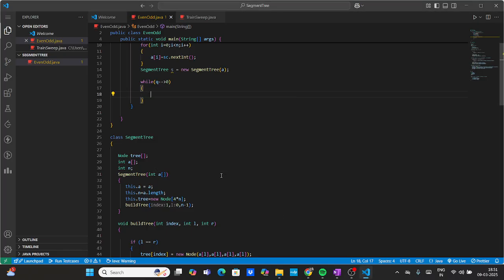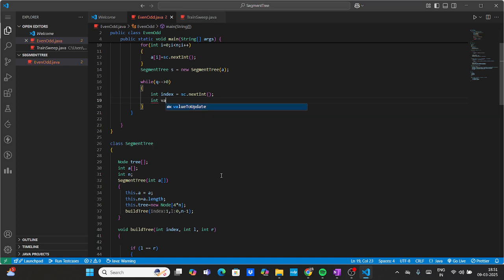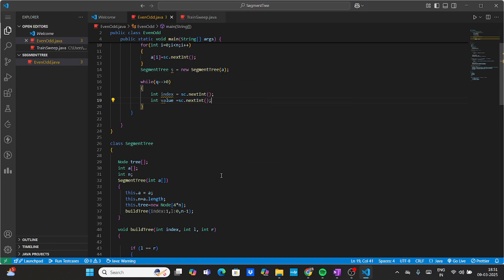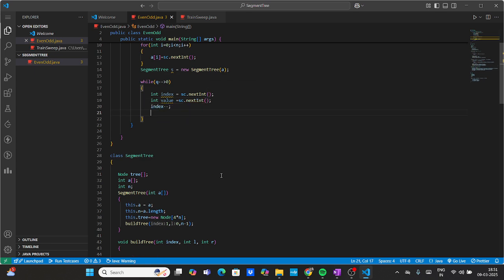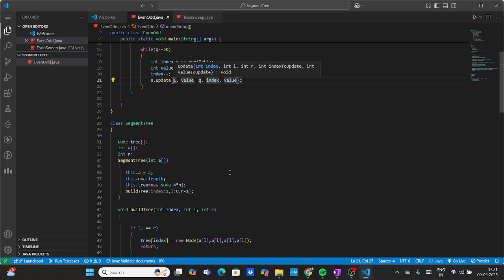So int index, int value. Okay, index minus minus, s dot update of 1 comma index comma value. Is it fine? Same update function we will call.